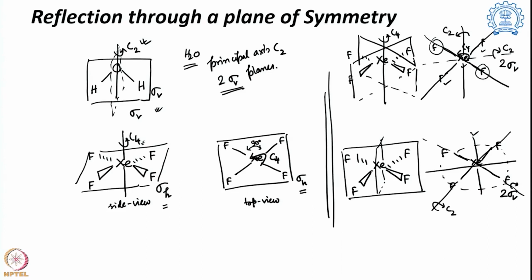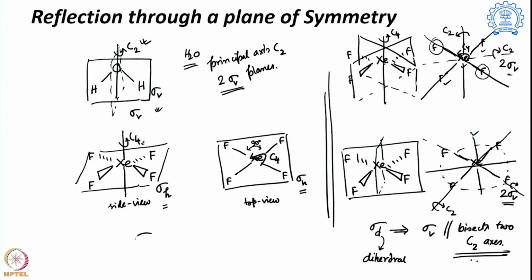So the sigma V's over here are actually bisecting two C2s, and that is why they are going to be named a little bit differently. They are going to be named sigma D, where D stands for dihedral. Sigma D is nothing but a sigma V which bisects two C2 axes.